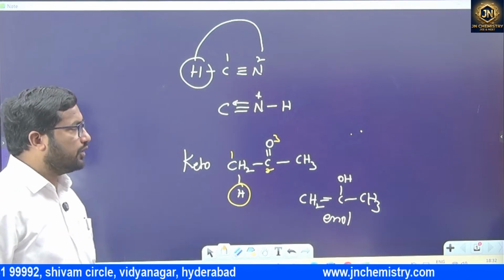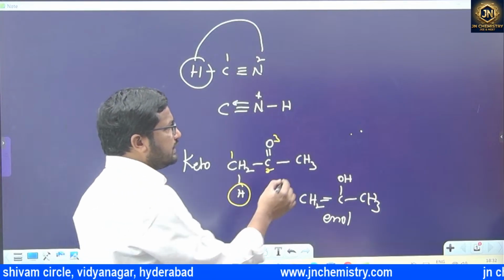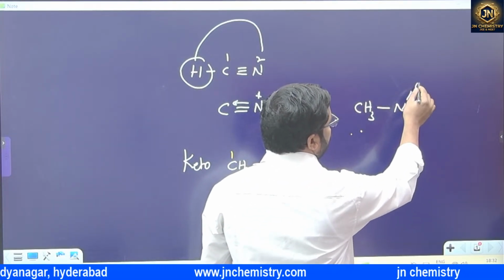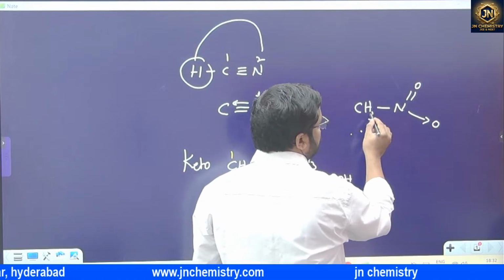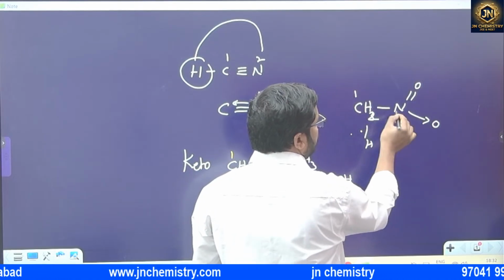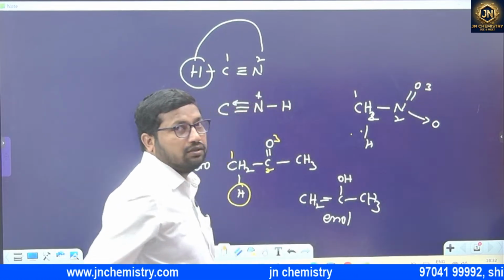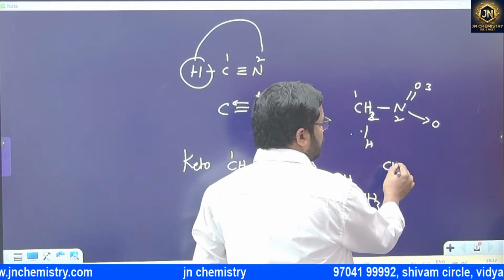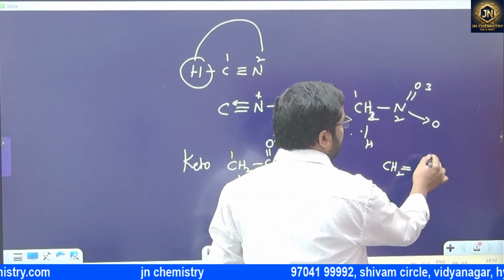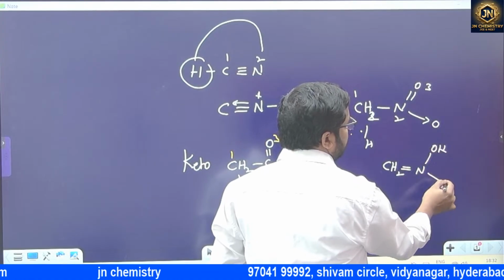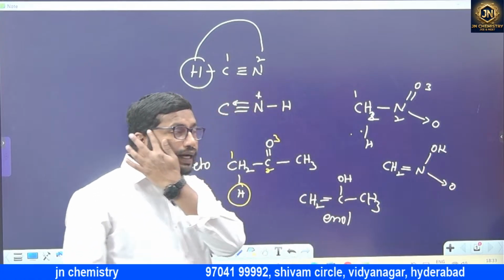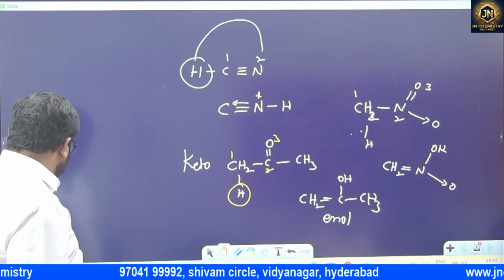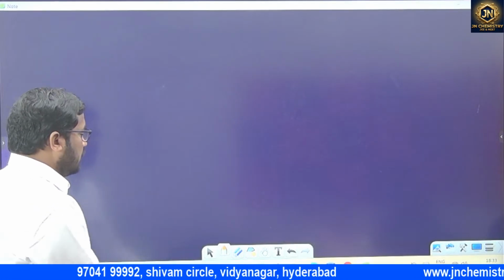We can see this in nitro compounds also, with a double bond to O. The hydrogen shifts from position 1 to 3, and here it is also possible: CH2=N-OH. This is also a triad system.